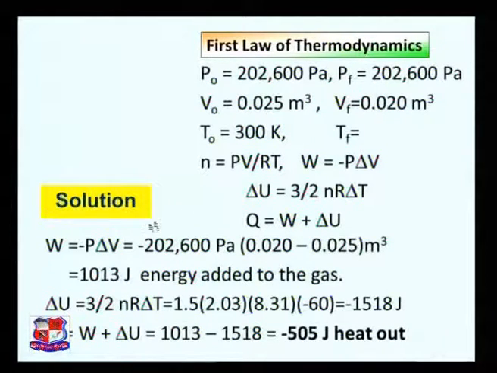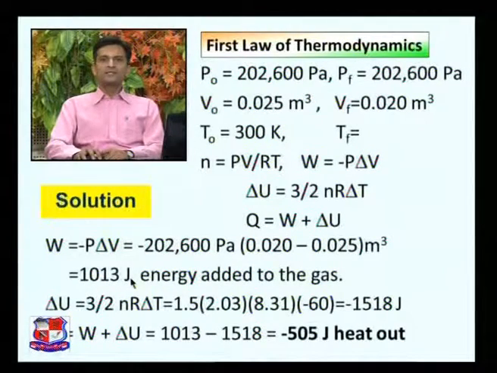And by putting the values in this equation, the work done W is equal to 1013 joule energy added to the gas. By this equation we can find out this much energy, 1.013 kilojoule, is added to the gas for this given situation. Now delta U is equal to 3 by 2 nR delta T. So put the values. 3 by 2 means 1.5 into value of nR 2.03, 8.31 into changing temperature, that is minus 60 degrees centigrade.